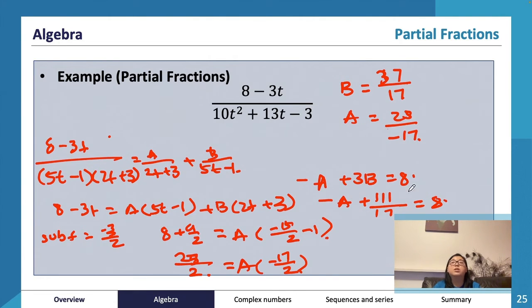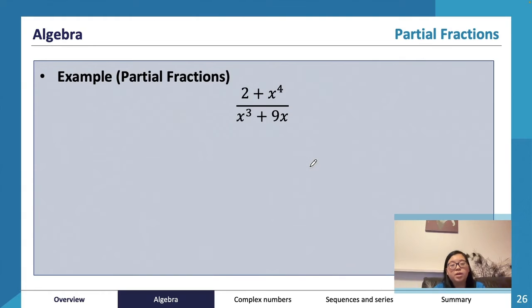So we'll get that negative a equals 136 minus 111 over 17, which means that a would have equaled negative 25 over 17, like this one suggested. So there's two different methods. This is the subbing method, and this is the elimination simultaneous equation method.